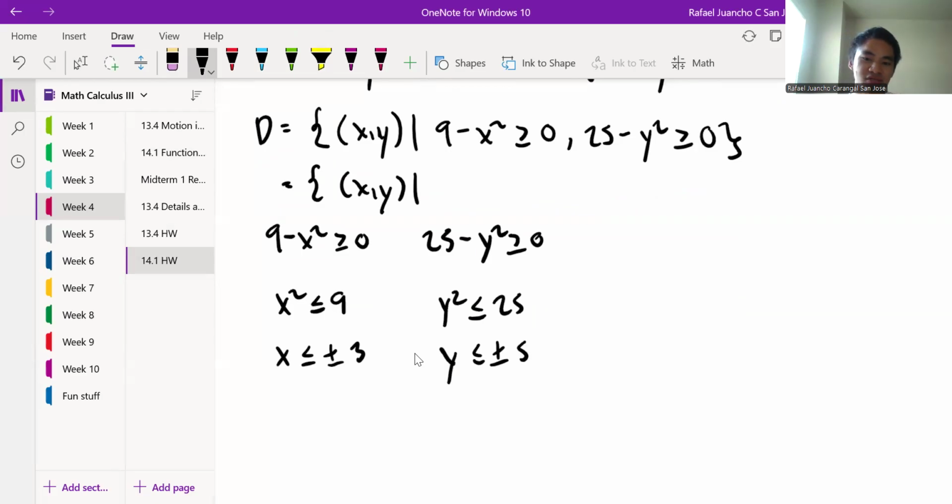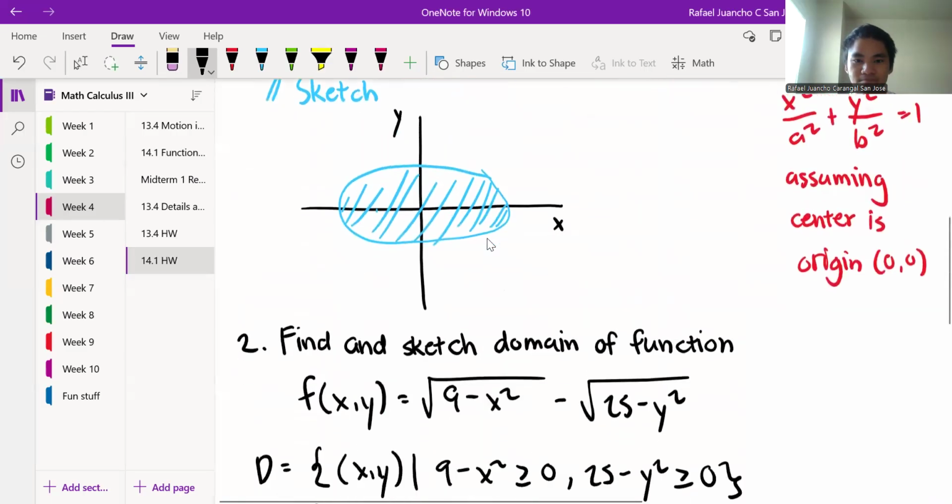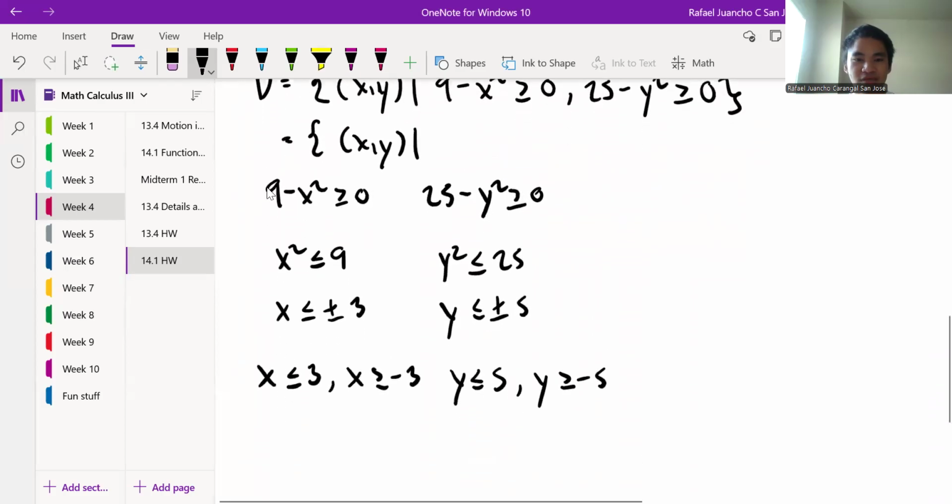So if it's a plus, it's going to stay this way. But if it's a negative, it's probably going to go the other way. So this is going to be less than or equal to 3, but greater than or equal to negative 3, right? And then y is less than or equal to 5, but greater than or equal to negative 5.